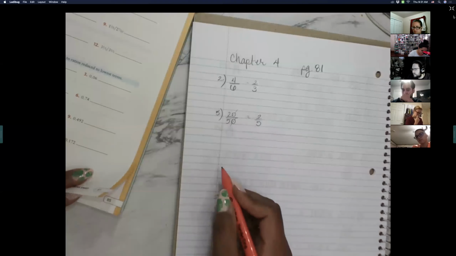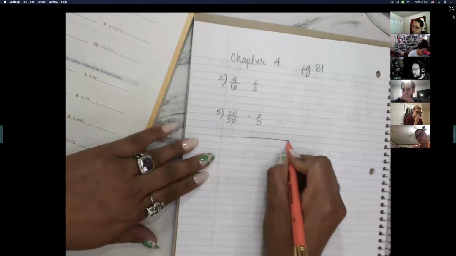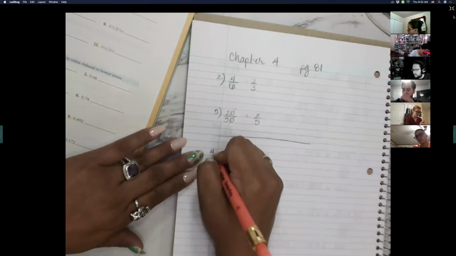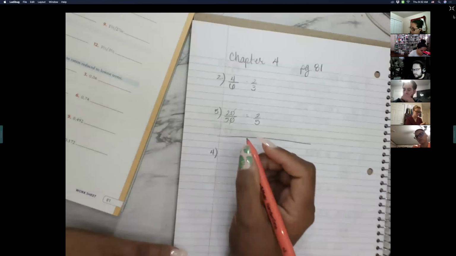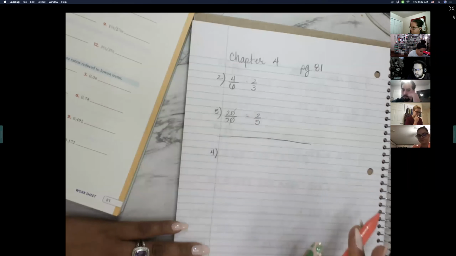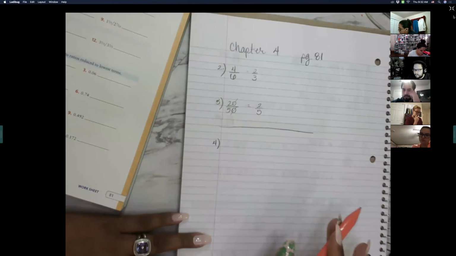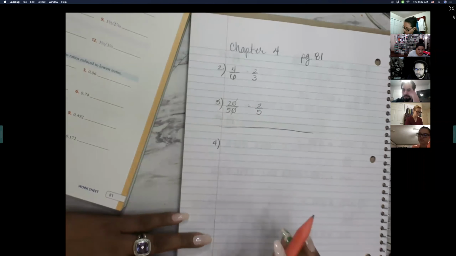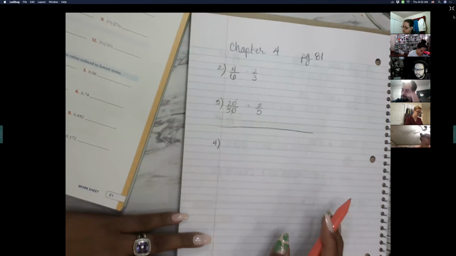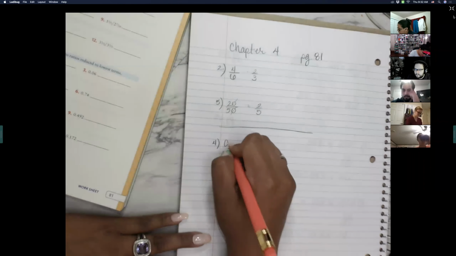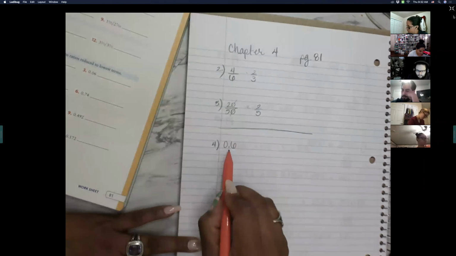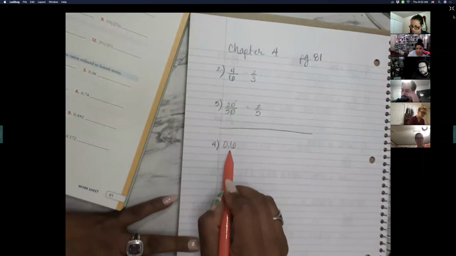Next section on this page, let's do number 4. It's asking you to take the following decimal fractions and reduce them to ratios in the lowest terms. So make this into a fraction and then reduce it.